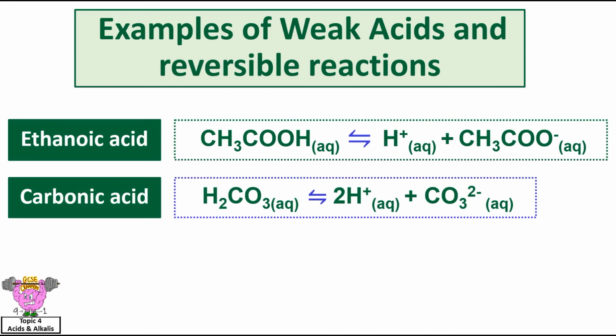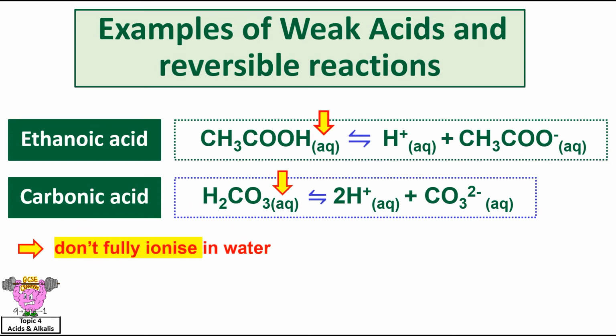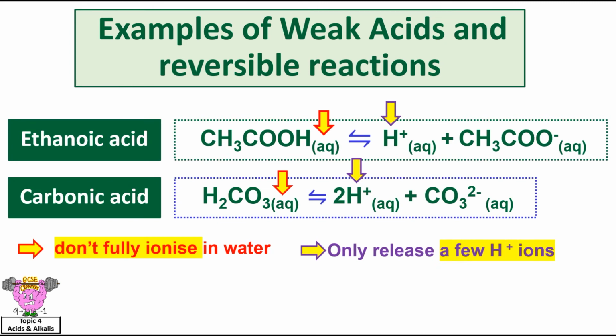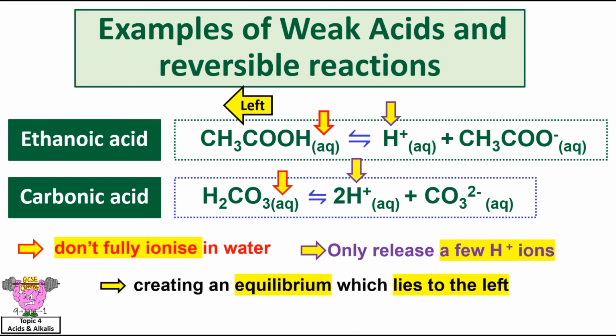Carbonic acid H2CO3 AQ produces a reversible reaction of 2H plus AQ plus CO3 2 minus AQ. These weak acids don't fully ionize in water and only release a few H plus ions, creating an equilibrium which lies to the left. Ionization of a weak acid is a reversible reaction.